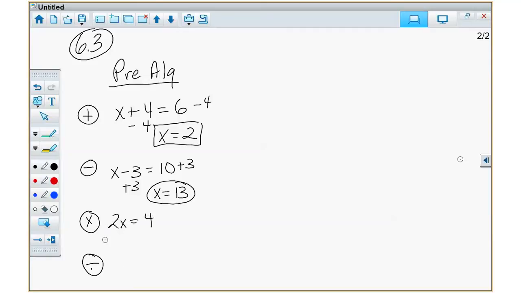The opposite of multiplying by 2 is division by 2, and x is equal to 2. And then x divided by 3 is equal to 6. To get rid of dividing by 3, you what? You multiply by 3 on both sides, and x is equal to 18. Okay, so that's what they taught you in pre-algebra.